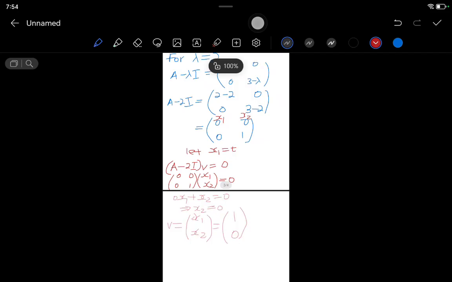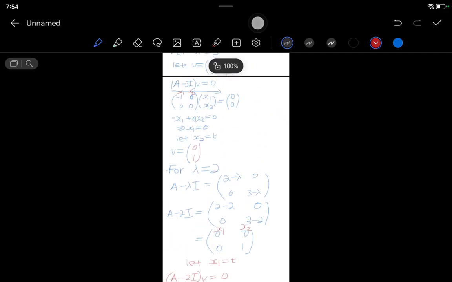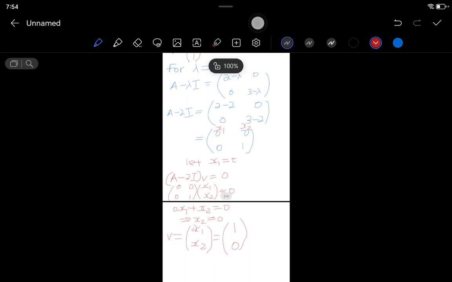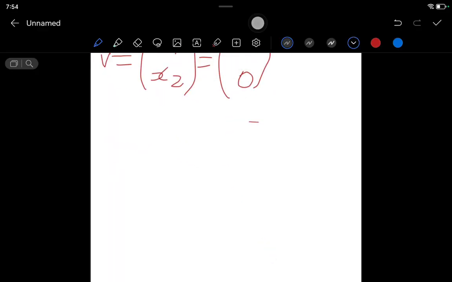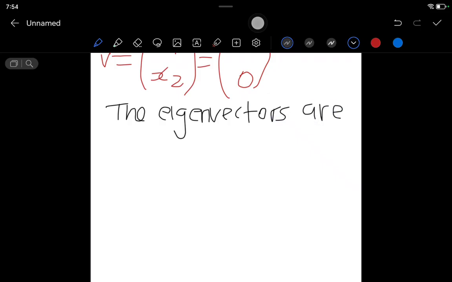So we see that the eigenvectors here, let me conclude and say that the eigenvectors are 1 0 and we started with 0 1 and 1 0.